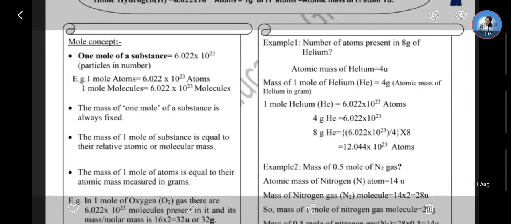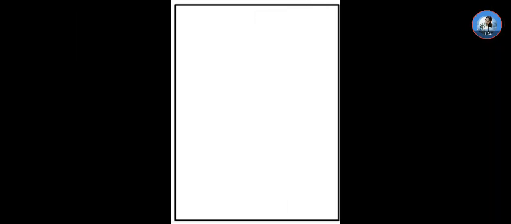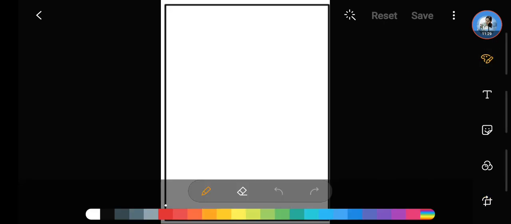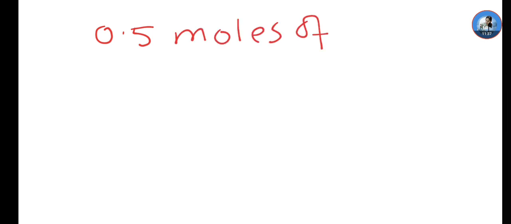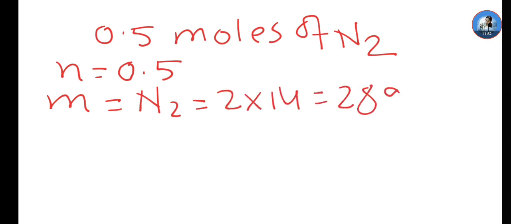Let's move on to the fourth question. Fourth one is calculate the mass of atoms present in 0.5 moles of nitrogen. Okay. So number of moles is here 0.5 and molar mass is here for nitrogen, that is 2 into 14 equals to 28 gram.